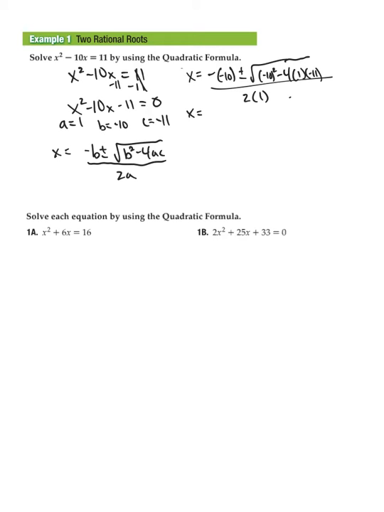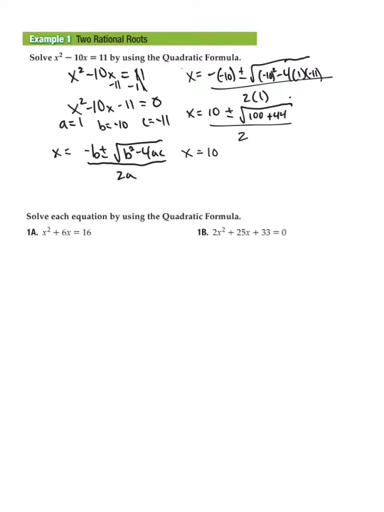So this is x equals negative negative 10, that's positive 10 out front there, plus or minus the square root of negative 10 squared, which is 100, minus 4 times 1 is 4, times negative 11, it's going to be plus 44, all over 2 times 1, which is just 2.